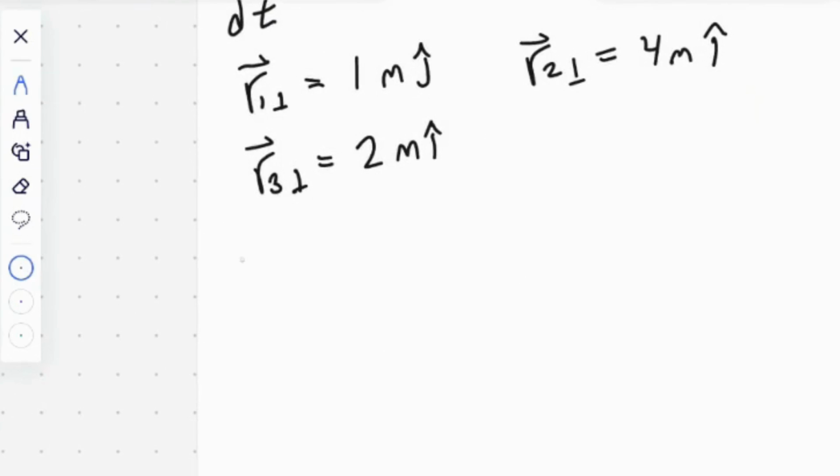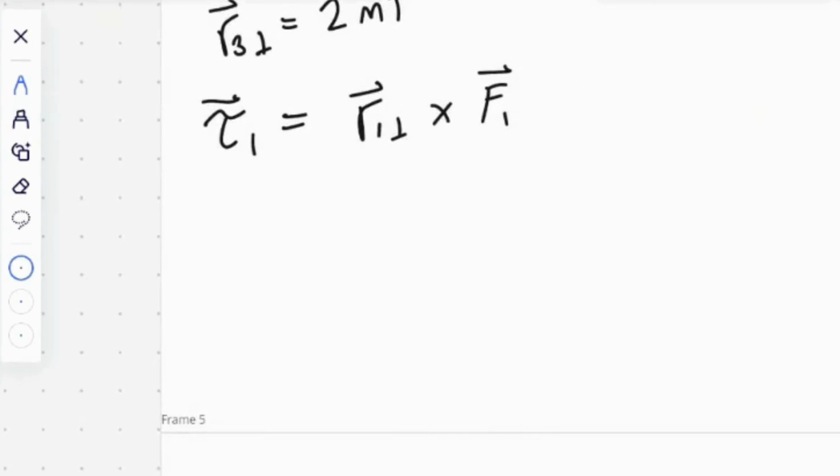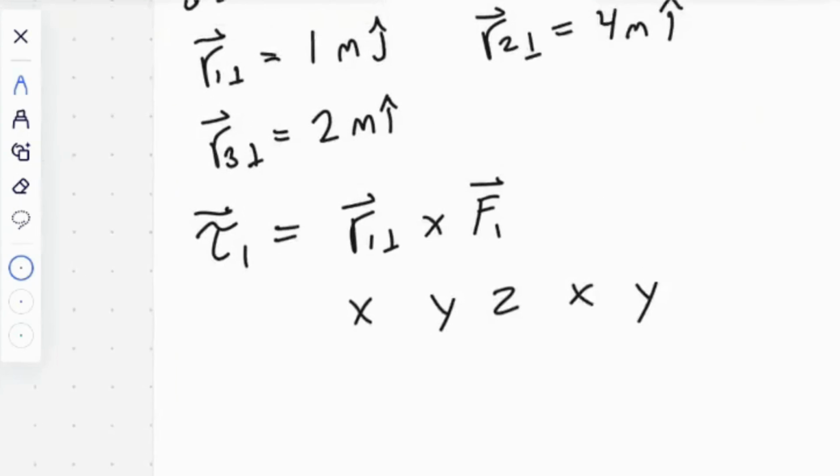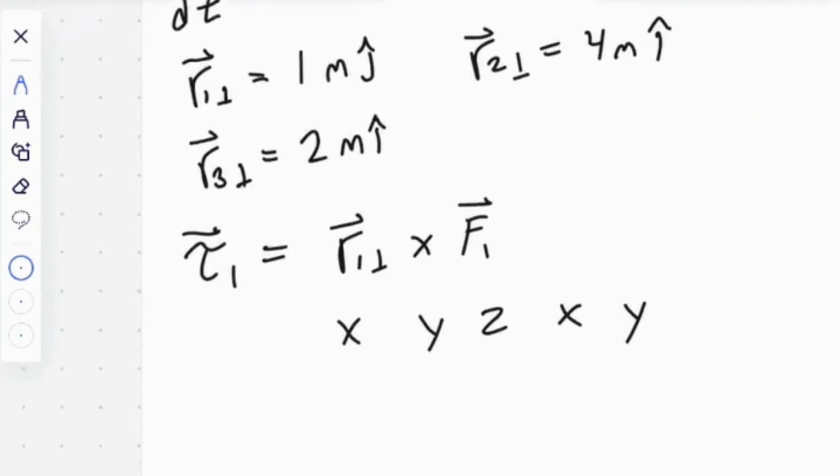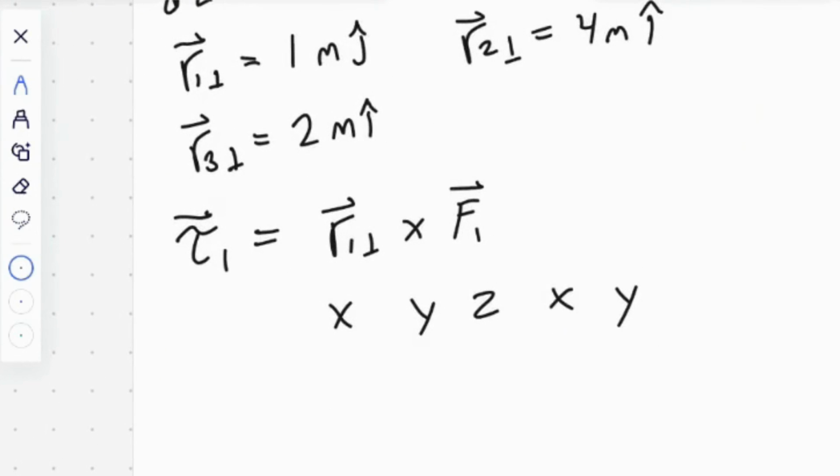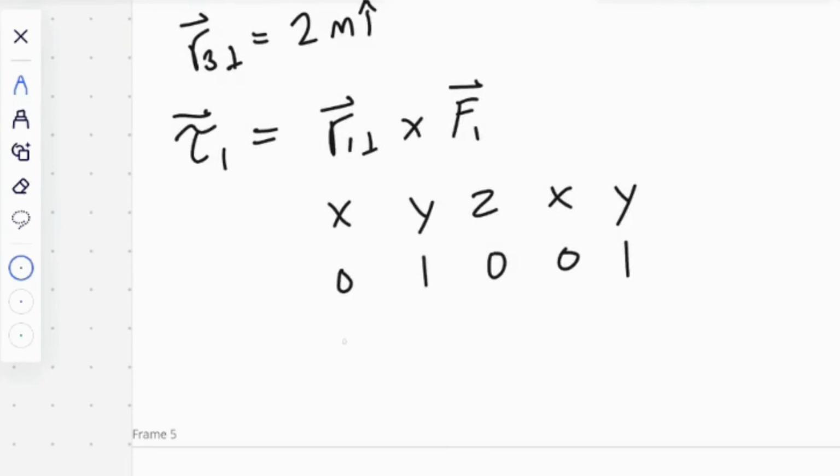Okay, so now we can say torque number 1 is going to be R1 perpendicular cross with force number 1. And these cross products will be pretty easy. For R1 perpendicular, we just have 1 in the y. And for that force, we just had minus 6 in the x.